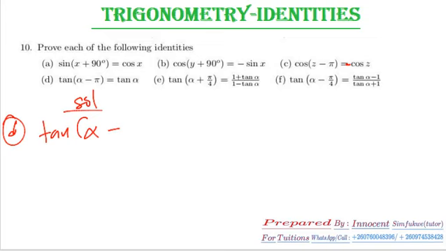Theta minus pi. Get? We're having the pi here is equal to tan theta. So we're trying to prove if the left hand side is equivalent to the right hand side. So if this can give us that. So now what are we going to do? So this is the difference for the tan.